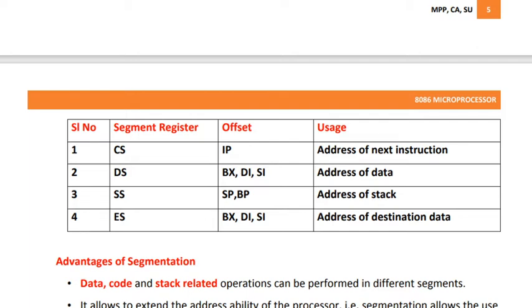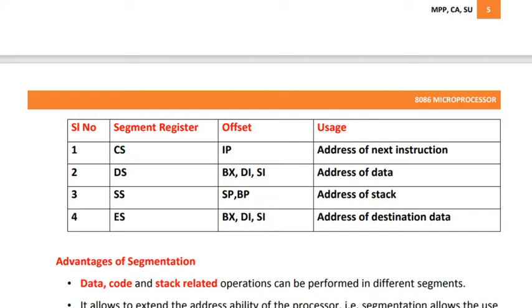So in conjunction with the code segment register, we have the offset as the instruction pointer or IP. In conjunction with DS, the data segment register, we have offset as BX, DI and SI. So we have the base register, the destination index and the source index as offsets being used with DS.